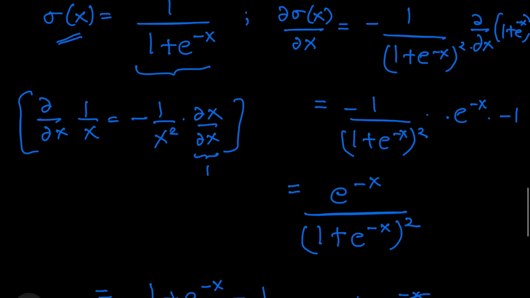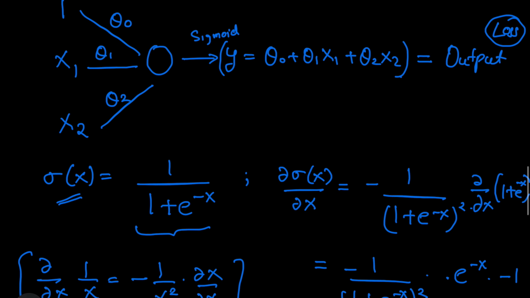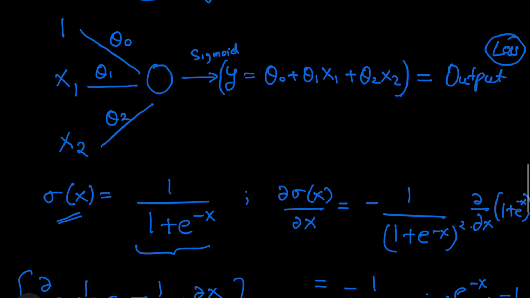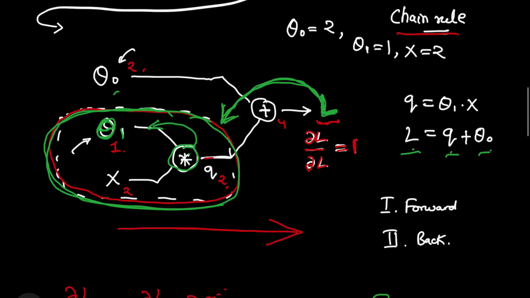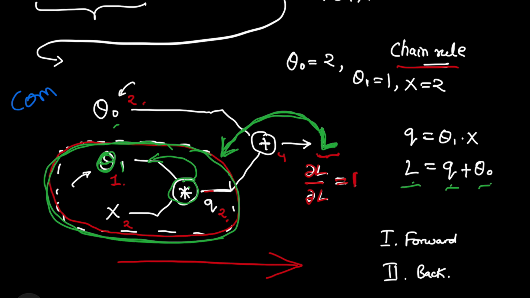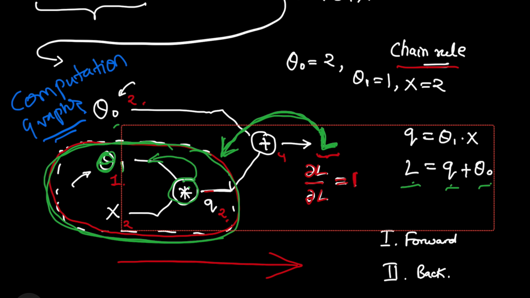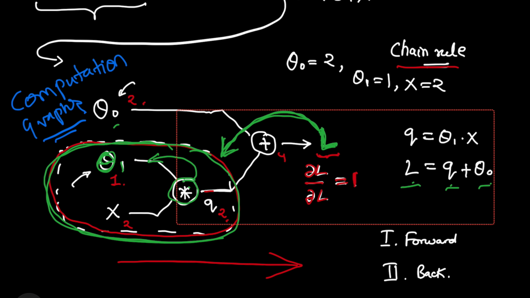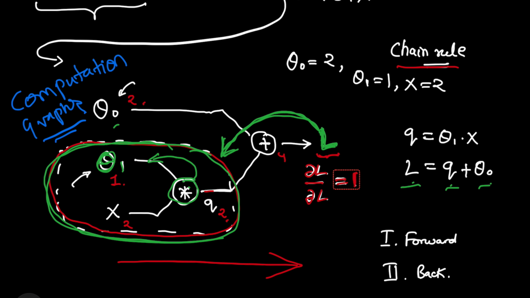So we have y equal to theta naught plus theta 1 x1 plus theta 2 x2. One more thing that I didn't mention: the graph that you created here is called the computation graph, and this is the graph which your framework makes in the back end, and this computation graph is what really helps to calculate the gradient, to actually do the backpropagation.